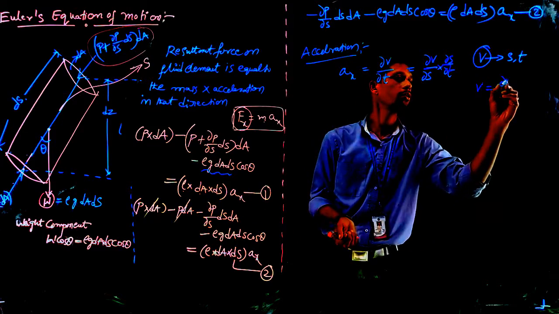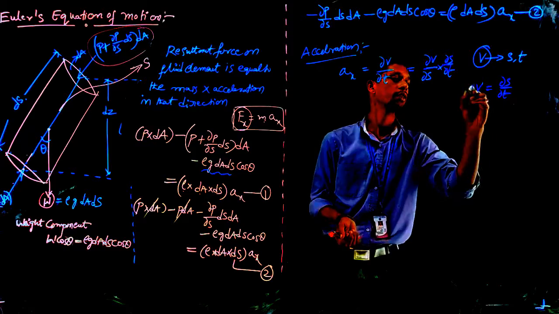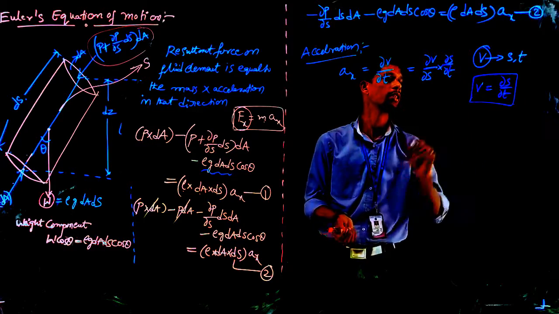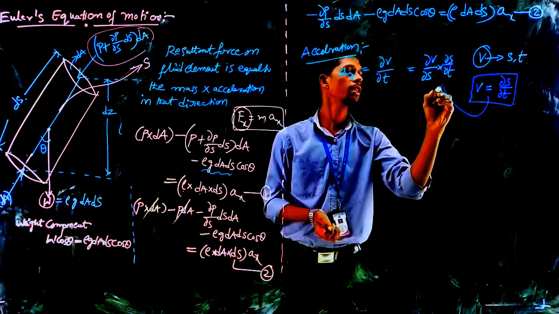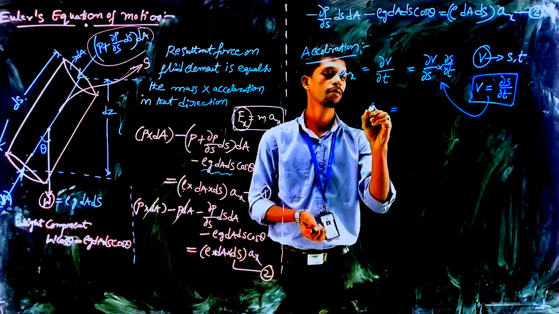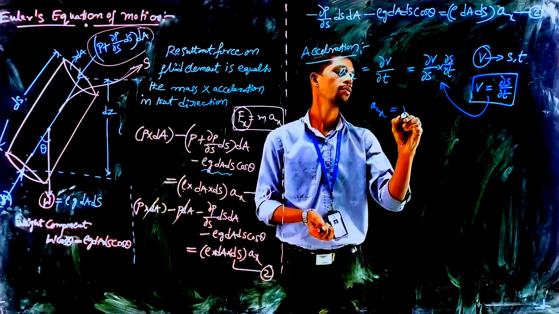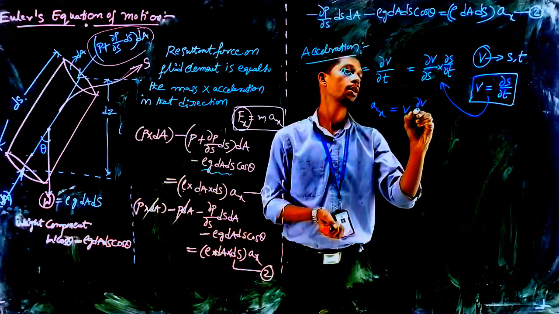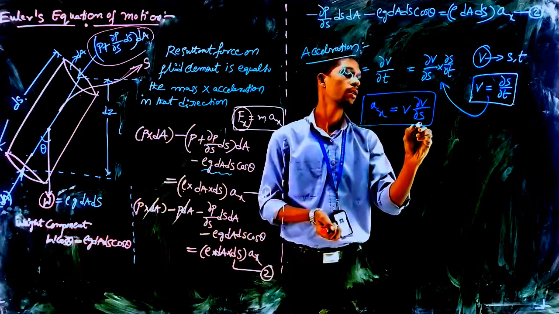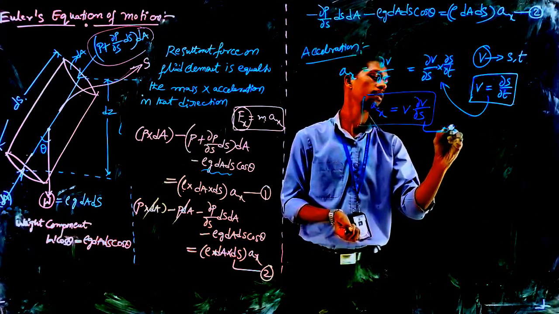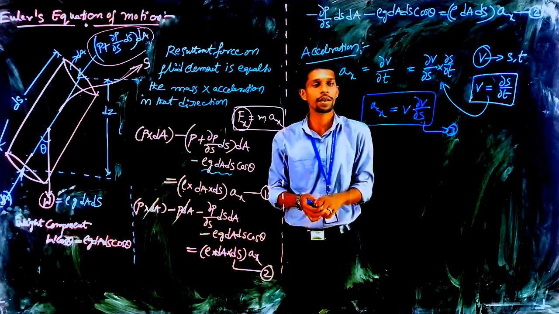So v is equal to dou s by dou t. We know that this is the basic formula. If you substitute this equation in this, you will get ax is equal to v into dou v by dou s. Assume this is expression number 3.